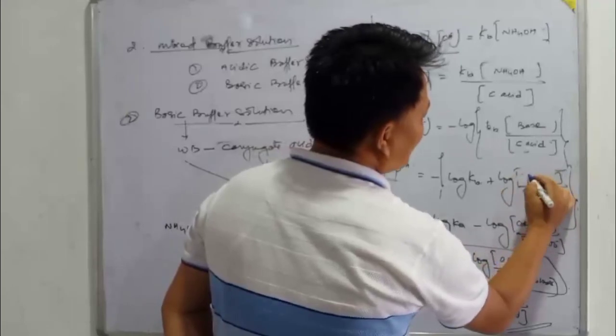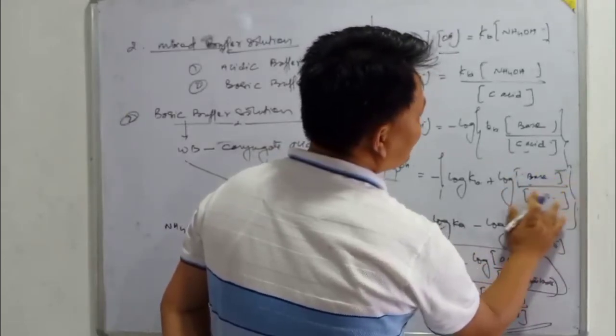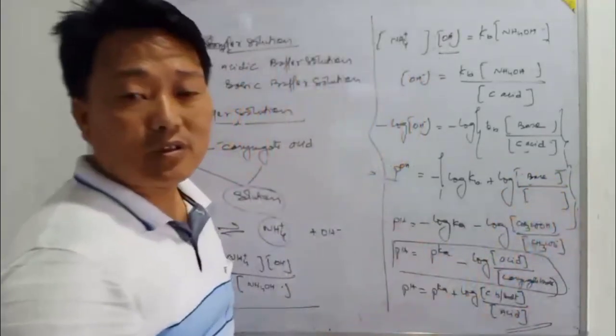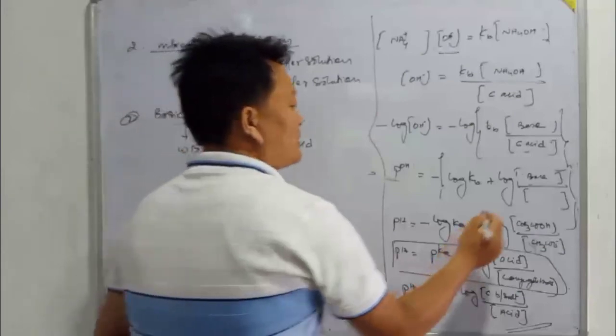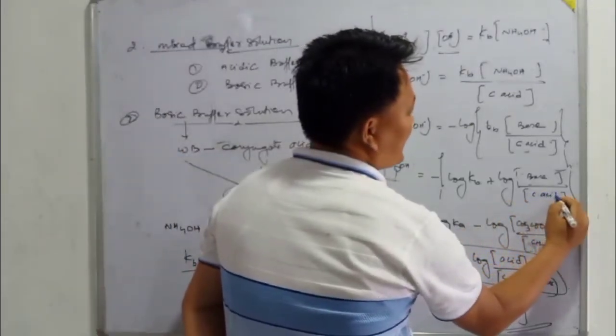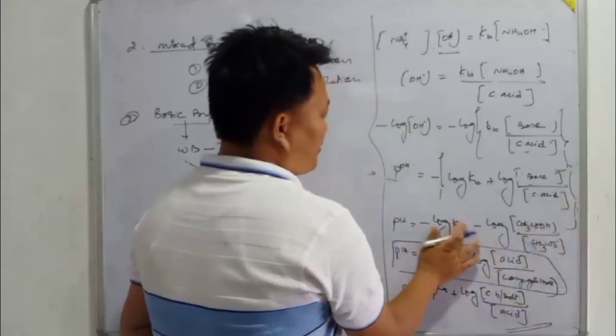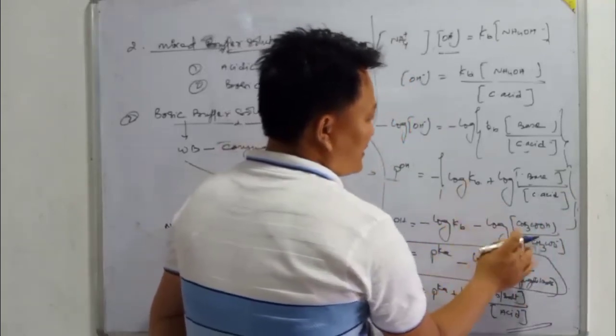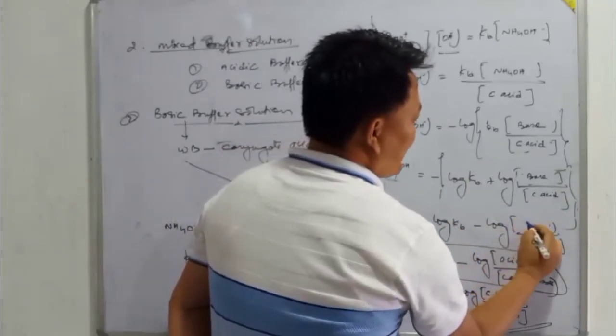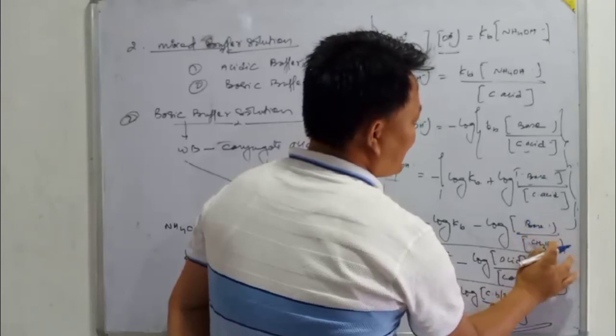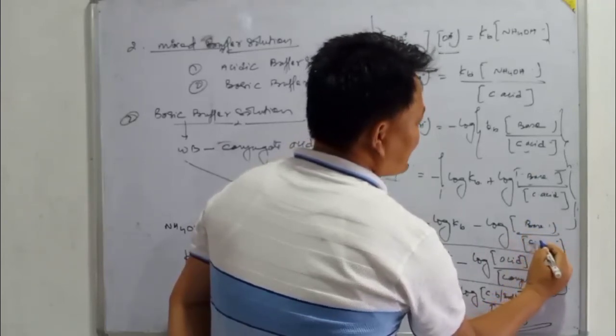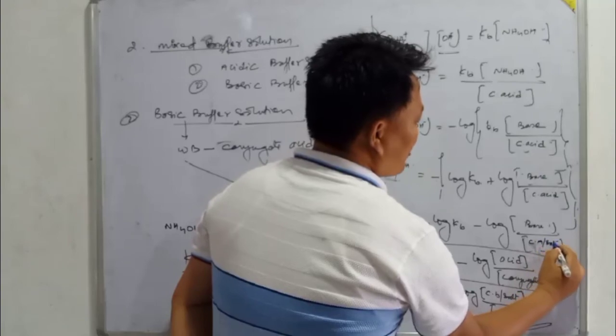And here is the base, and here is either the salt or conjugate acid. Again here pKb, and here base, and here conjugate acid or salt.